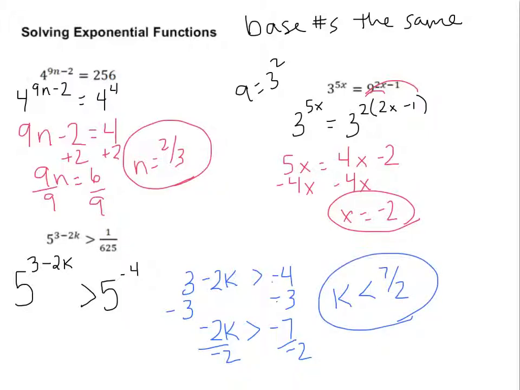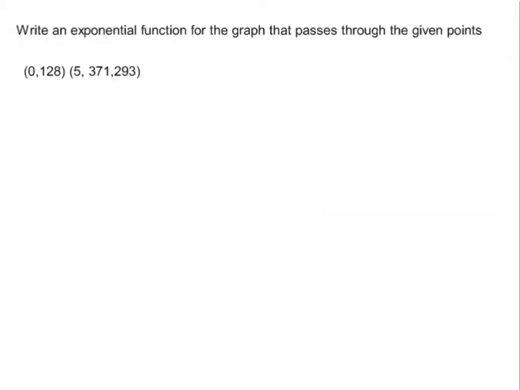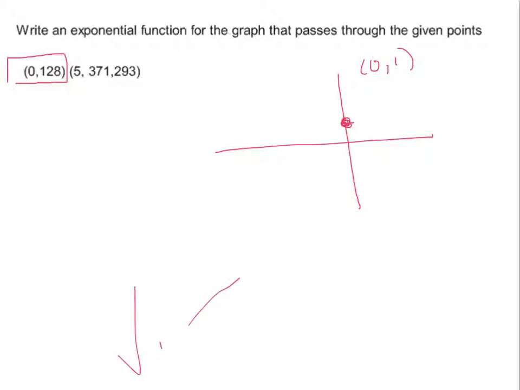Now I'm going to give you 2 points, and we're going to write the exponential function for those 2 points. So our 2 points that were given are (0, 128) and (5, 371,293). Now, it's critical that we have the point (0, 128), because when we have our graphs of exponentials, we know (0, 1) is always going to be a point if our a value is 1.